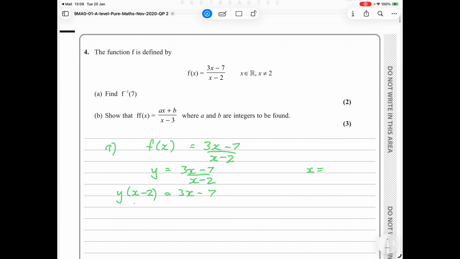We will expand those brackets, xy minus 2y equals 3x minus 7. We will take 3x off both sides, so xy minus 2y minus 3x equals minus 7. We'll add 2y onto both sides, so that's xy minus 3x equals 2y minus 7.